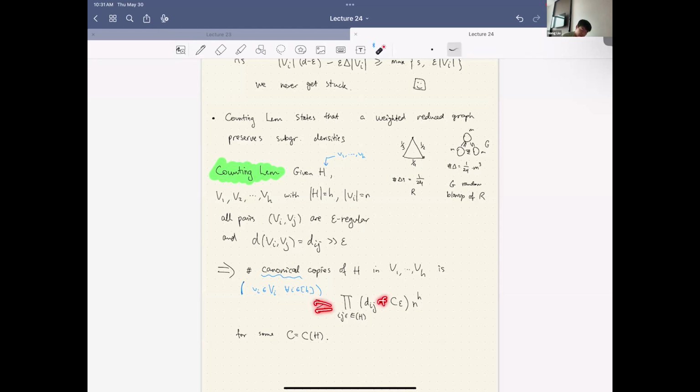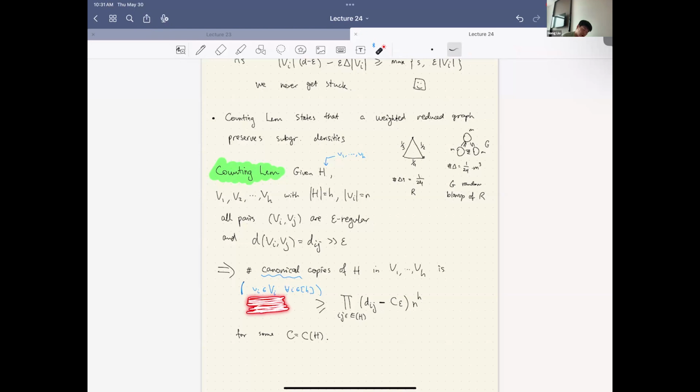I have equality plus minus, but H might not be a complete graph, but if I require this, that's fine. You can have equality.